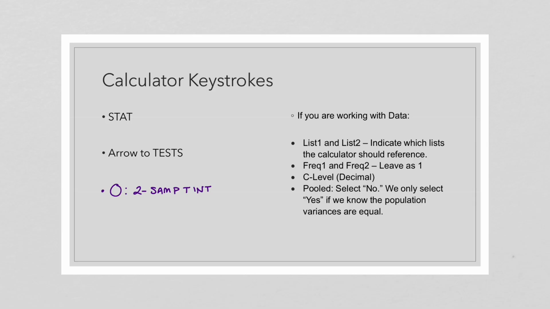Frequency 1 and frequency 2, you're probably going to leave these fields as 1 because you're not working with a frequency table. You would provide the confidence level in its decimal form. And then most likely, because you don't know the population variances for each group under pooled, you would select no as your option.